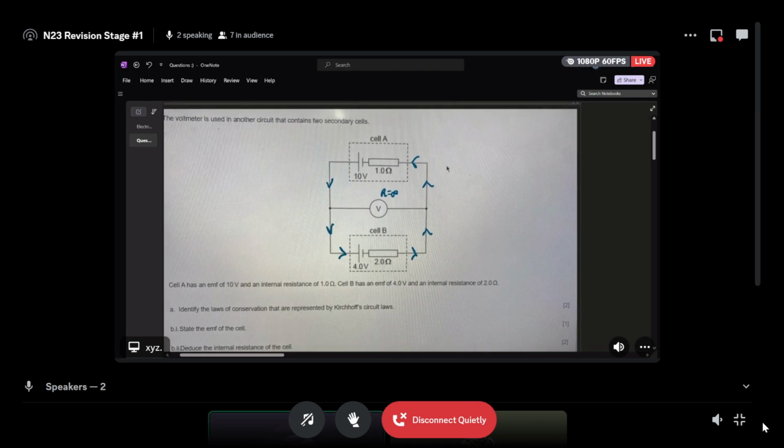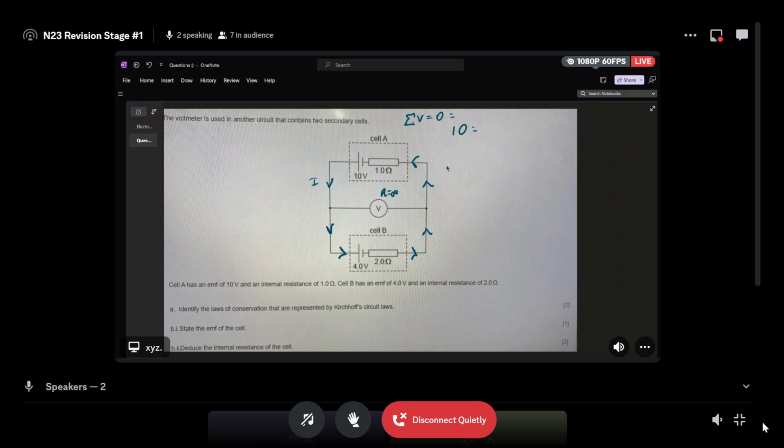Okay, now we start with our loop, and let's start over here. We have 10 volts at the start, and we'll call the current I. And if we remember Kirchhoff's first law, it's the sum of voltages is equal to 0.